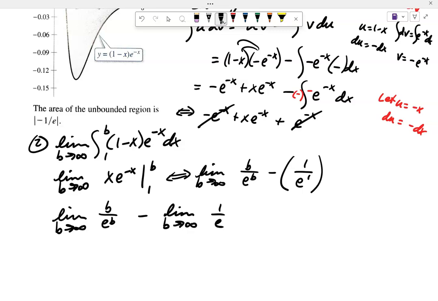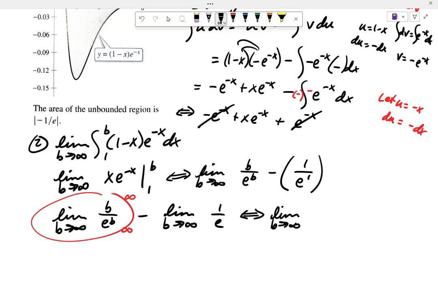We know the limit as b goes to infinity of 1 over e is just 1 over e. But this one, this is where our L'Hopital's rule comes into play, because notice we have infinity over infinity. So we have indeterminate form, and so we've got to run the derivative of the top.